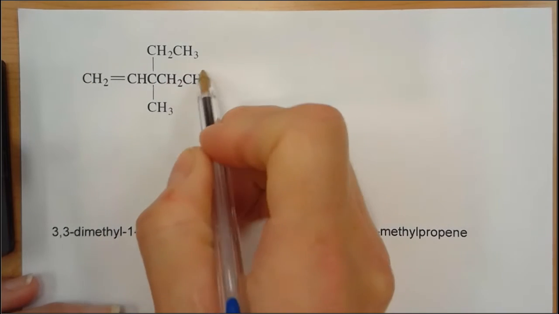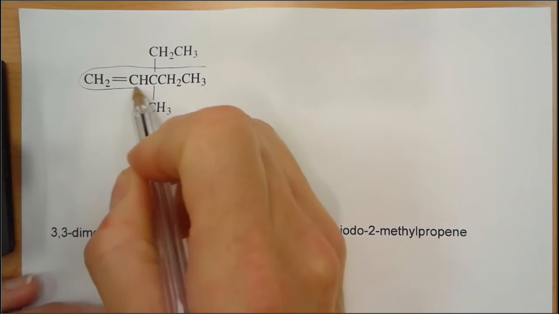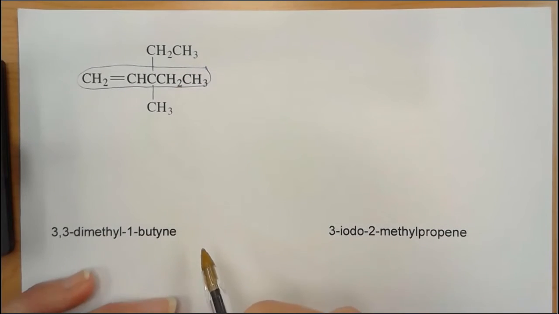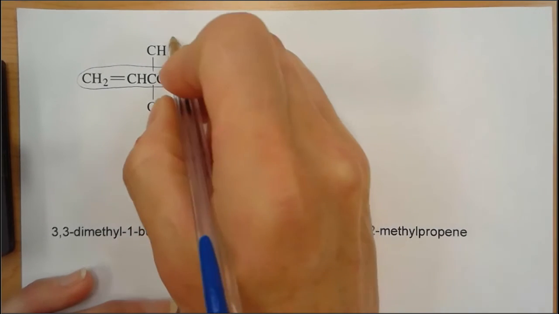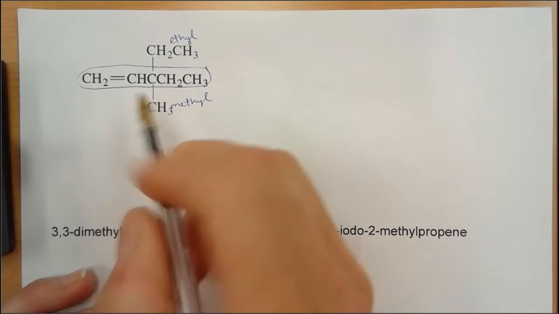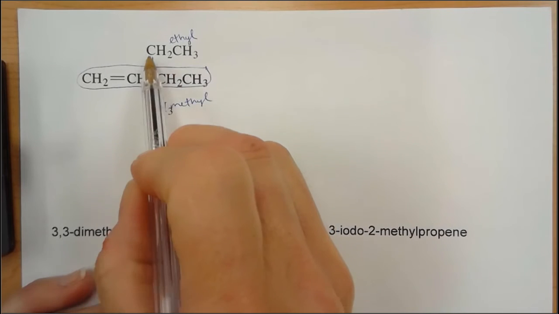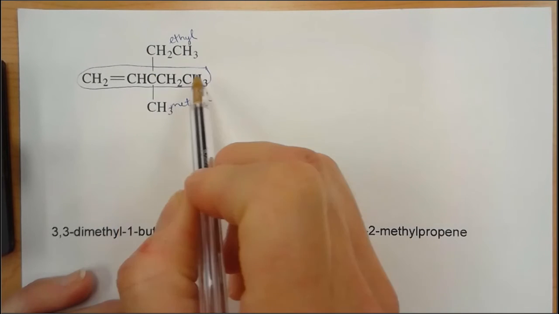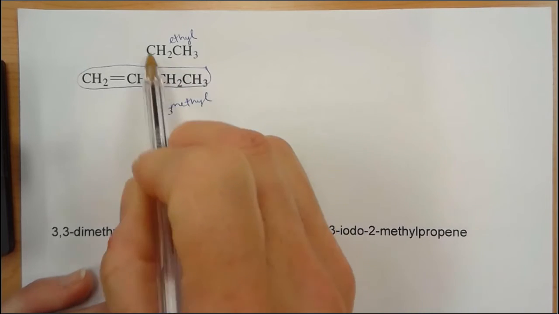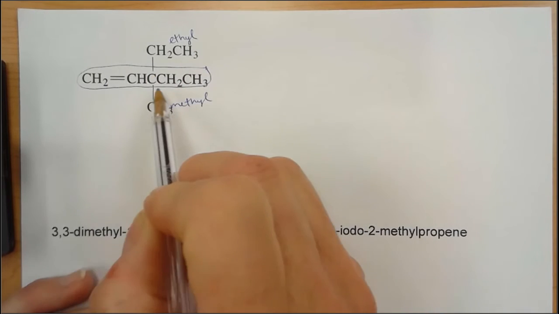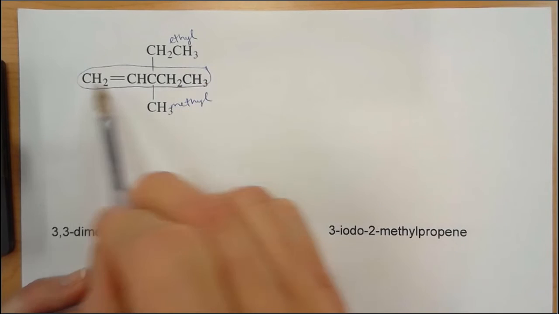So we will circle this as the longest carbon chain, which then does make this the methyl group, and this is an ethyl group. If I had wanted, I could have gone up and made the bend. This would have been an ethyl at that point then, and this would have been the parent chain. It is obvious, though, to me, it's easier to see it when it's in a straight chain.